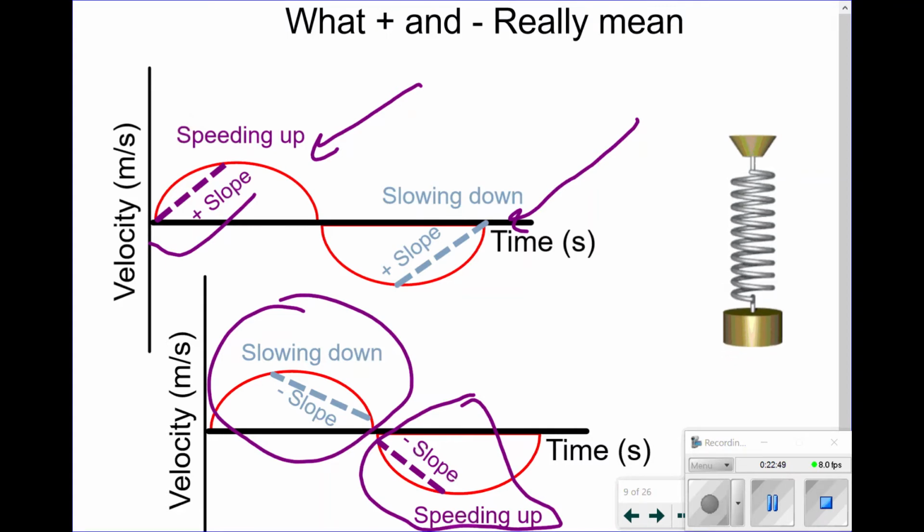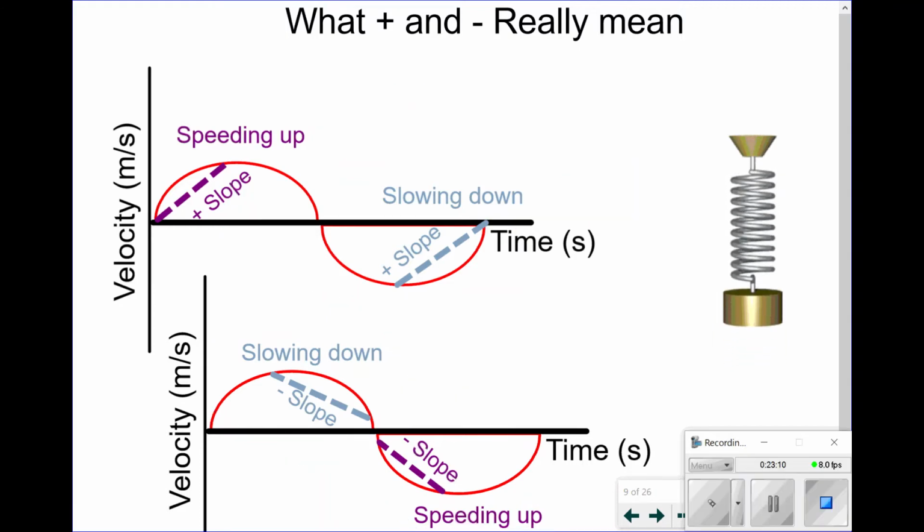They are in the same direction and they are working together. So again, we have to be very clear on what the sign of the slopes represent, direction only. And when the acceleration and velocities are the same signs, they always speed up. When they are opposite signs, they always slow down.